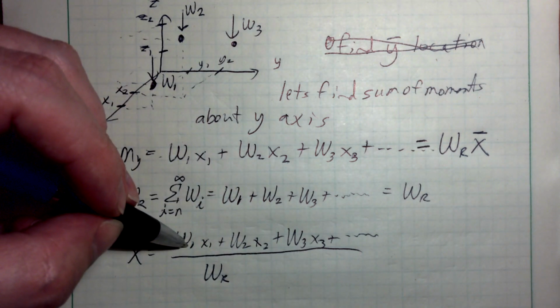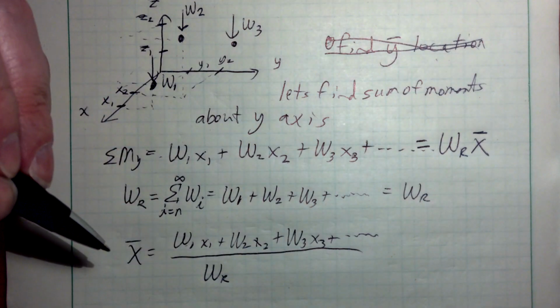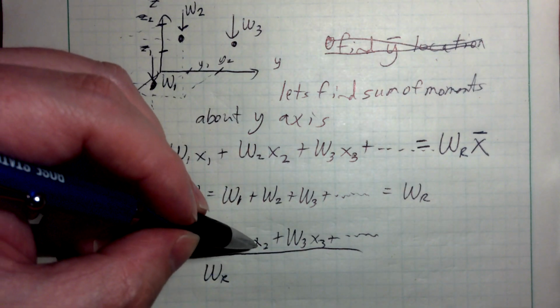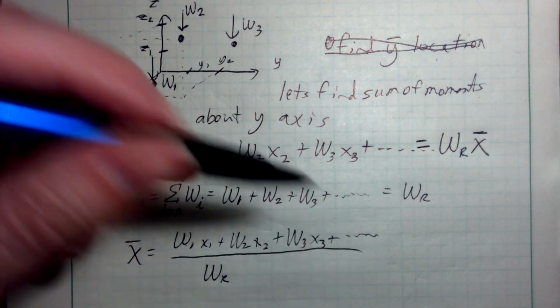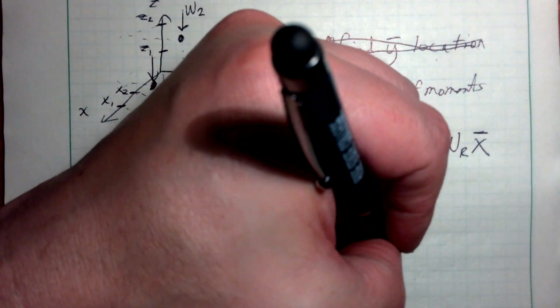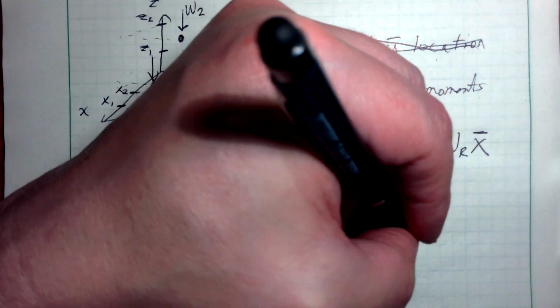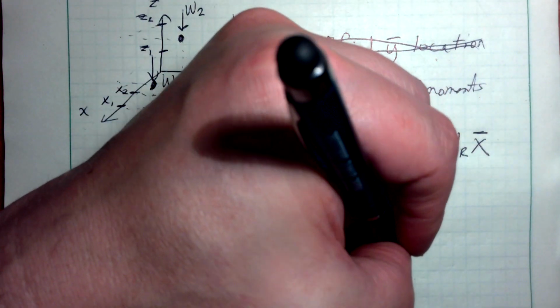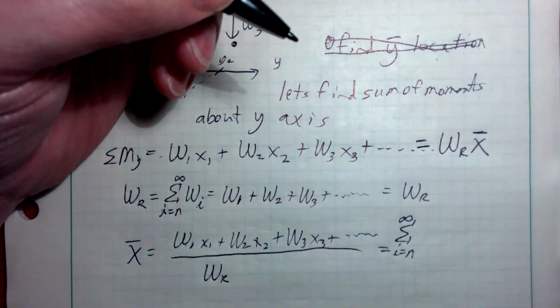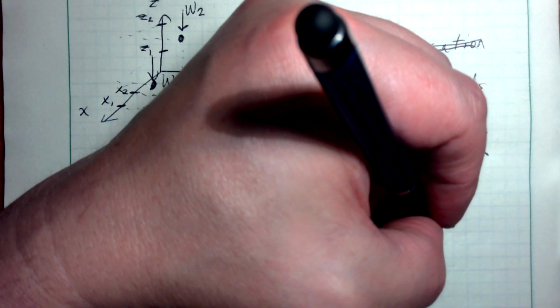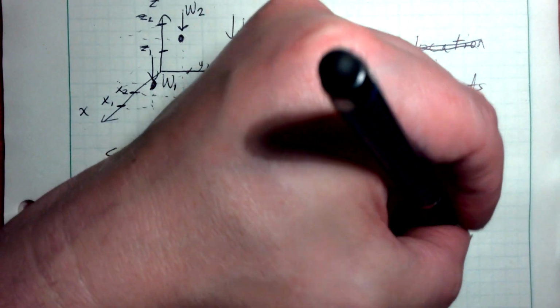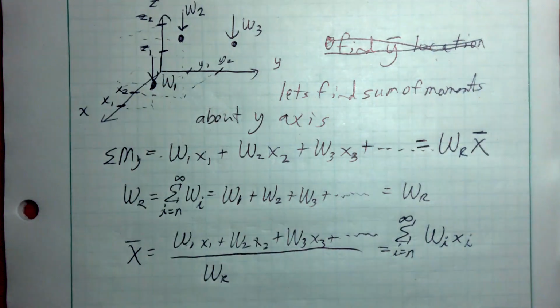This is the individual weight multiplied by its individual x value, and this is the individual weight multiplied by its individual x value, et cetera, and that series continues on. So in the numerator I've got this series from i equal to 1 up to n, as many as you have, of whatever the individual weight is times its individual x location, divided by the resultant weight.